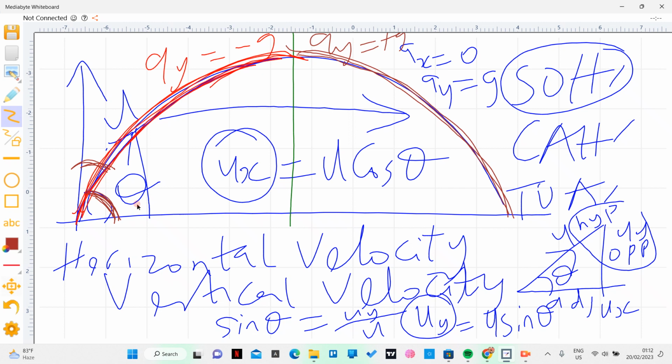So to calculate your horizontal and vertical velocity, you're going to use your normal SOHCAHTOA. You identify which is your opposite, your hypotenuse, and your adjacent. So with that, you can calculate your Uy, which is your vertical velocity, and then your Ux, which is your horizontal velocity.